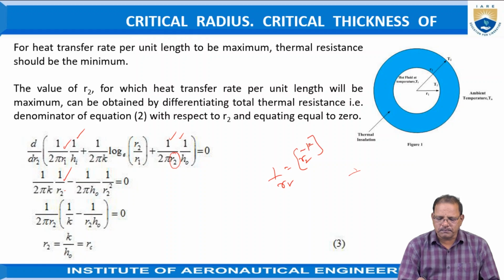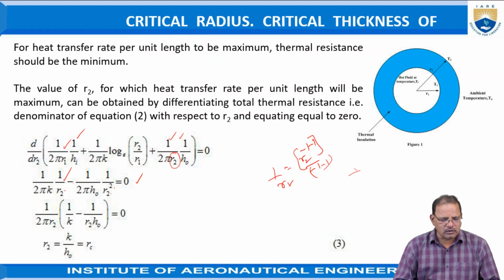Differentiating gives minus 1 divided by R2 squared. The plus sign is converted to negative. So it can be written as 1 by 2 pi h0 into R2 squared, equal to 0.